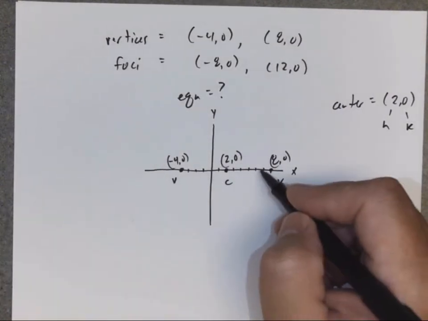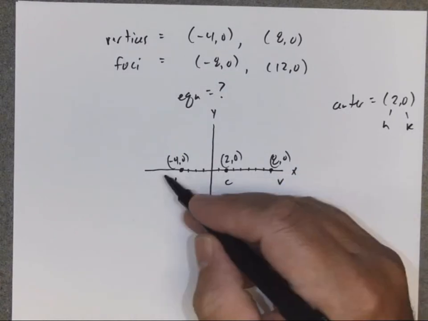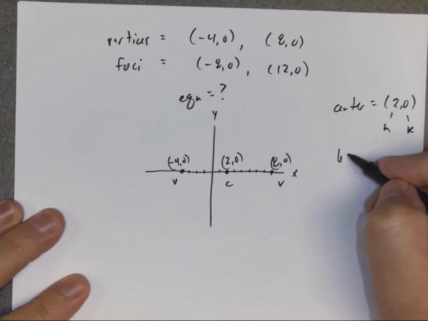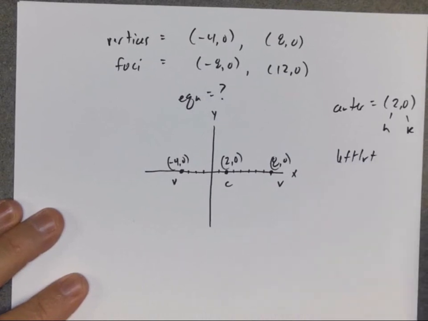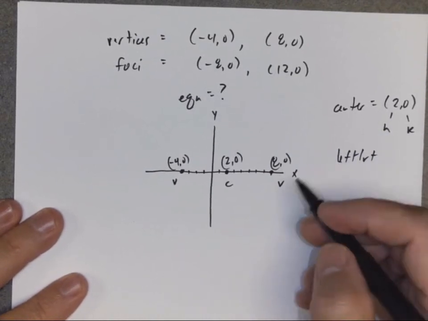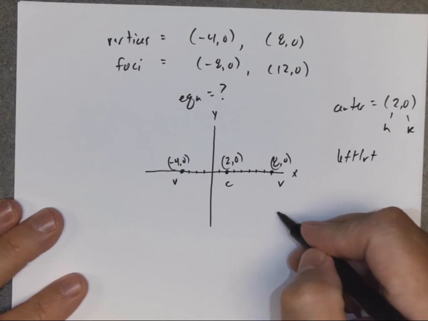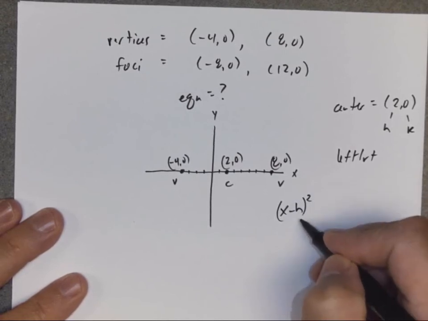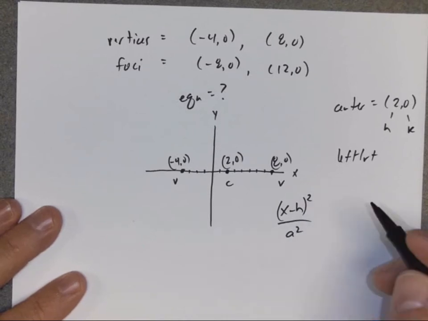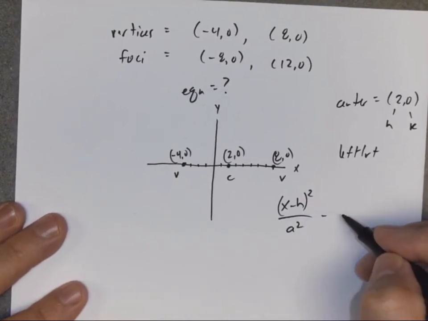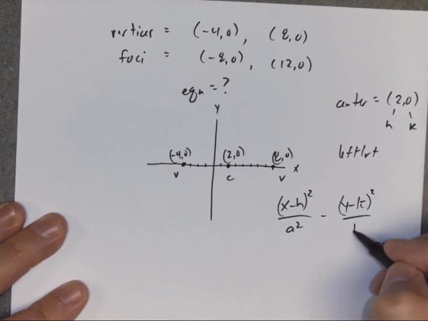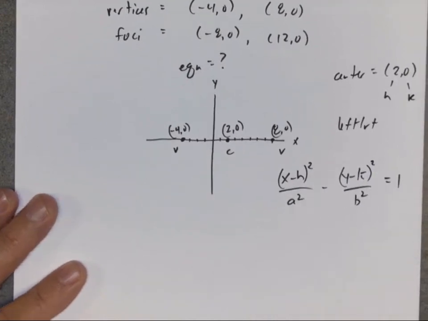Now I know from this graph that this is going to be a left and right hyperbola. So let's write the standard equation for a left and right hyperbola. The x comes first: x minus h squared over a squared minus y minus k squared over b squared equals 1.